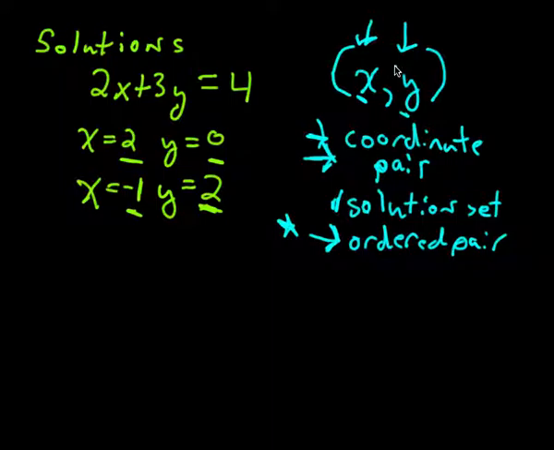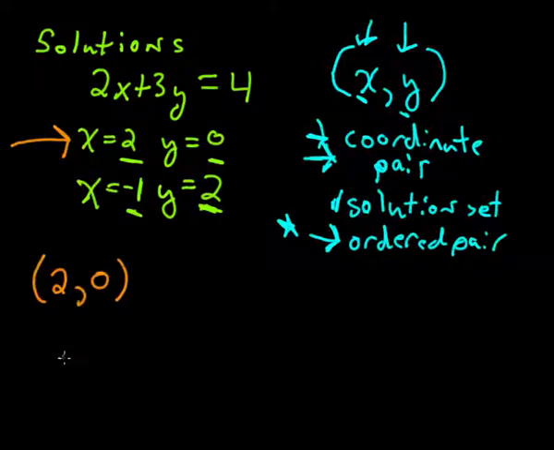Ordered pairs are infinite. You can have as many of these as you want. And for each x value, you get a y value. So what you do to check your ordered pairs is you plug them in. If I look at the first ordered pair I have here, I had an x value of 2 and a y value of 0.